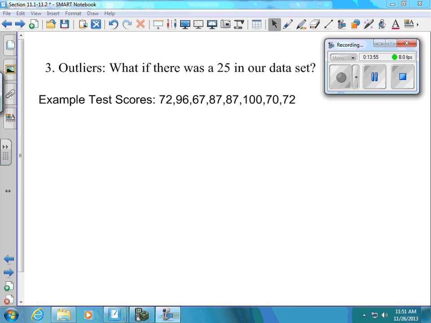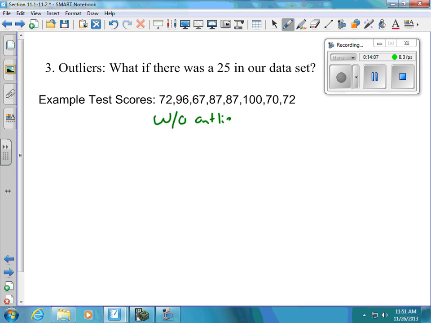So what if there was an outlier in our set? Let's just record some stuff without the outlier. So we had a mean, we had a median, we had a mode, we had a range, and we had a standard deviation.